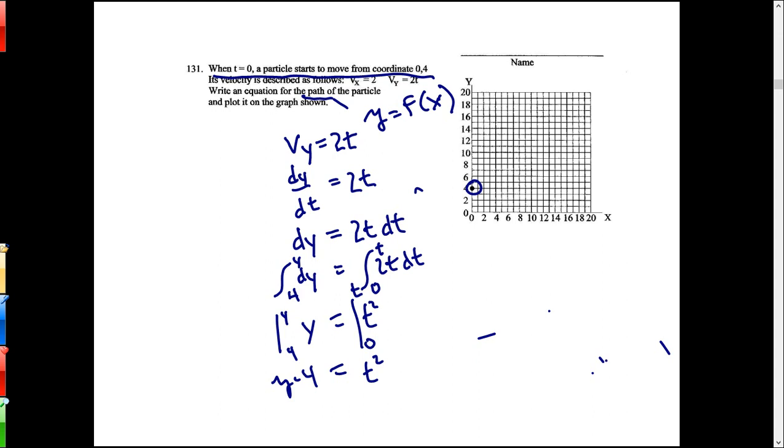Now we want to relate x to y. So I'll take the square root of both sides: the square root of y minus 4 is equal to the square root of t squared, and that's t.